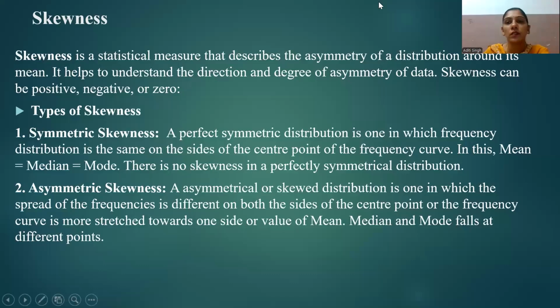So these two terms, skewness and kurtosis, are two statistical measures which are used to describe the shape of a probability distribution.